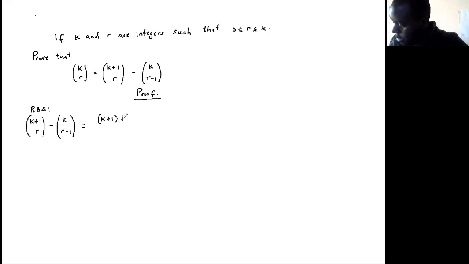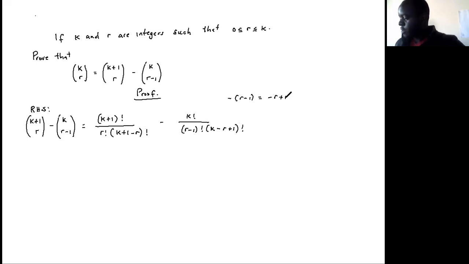So you say K plus 1 factorial over R factorial, K plus 1 minus R factorial. So we are subtracting K factorial over R minus 1 factorial, K minus R plus 1 factorial, because negative R minus 1 is the same as negative R plus 1. So we write it that way.